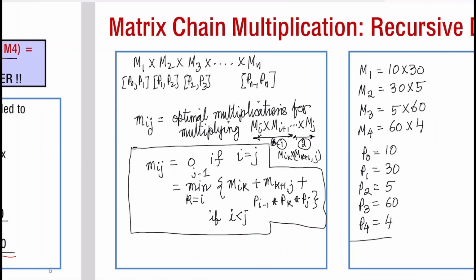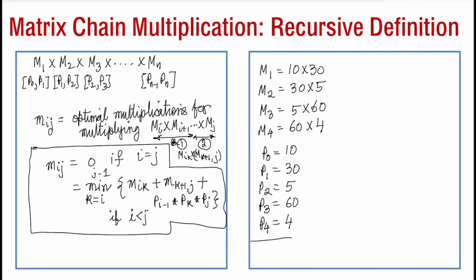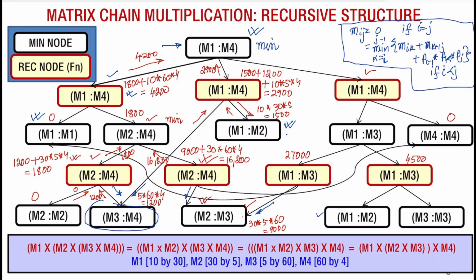Both these computations we have seen here, 4,500 and 27,000. These will come from this side, and M12 will also not be done again because it has already been done before. And once we get these two values, the value here will be the minimum of these two, and the minimum of these two is 4,500, because this black node is a min node.